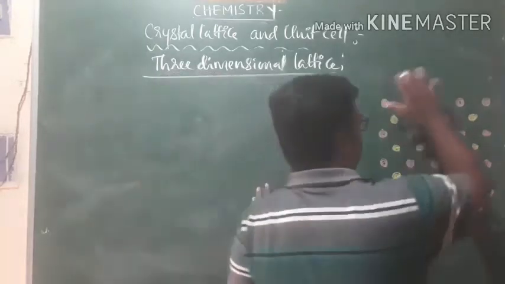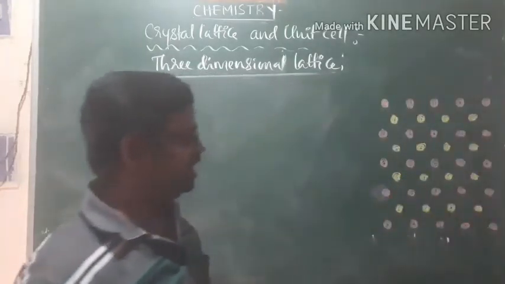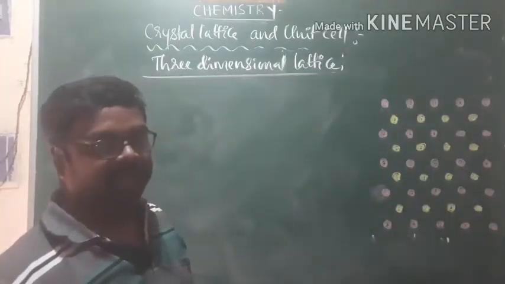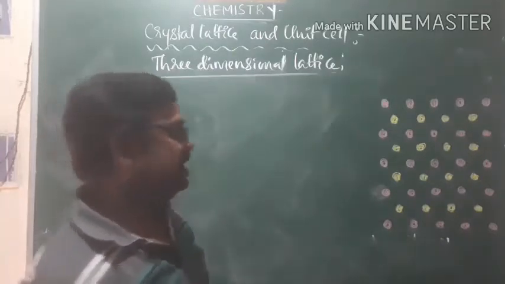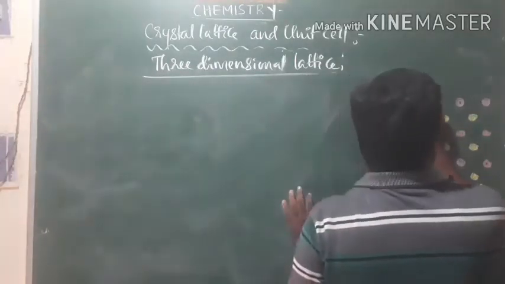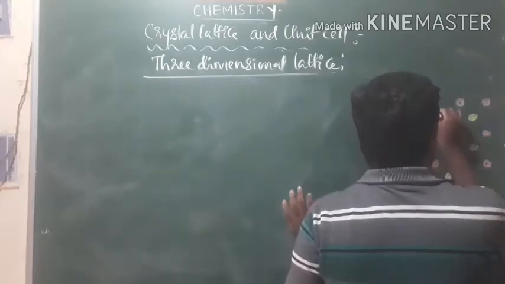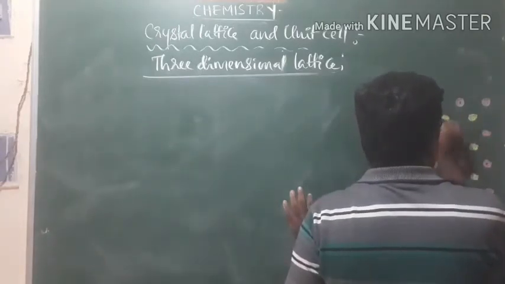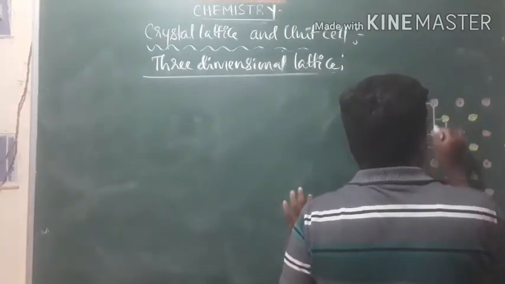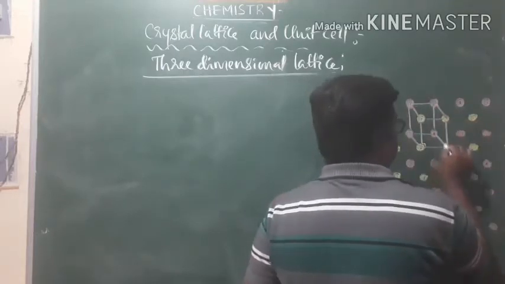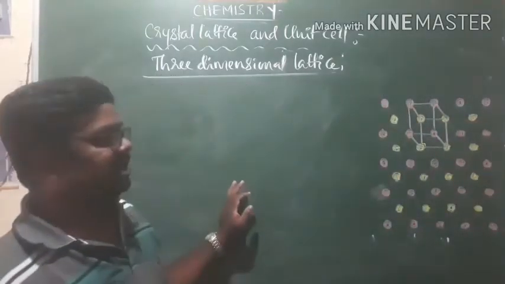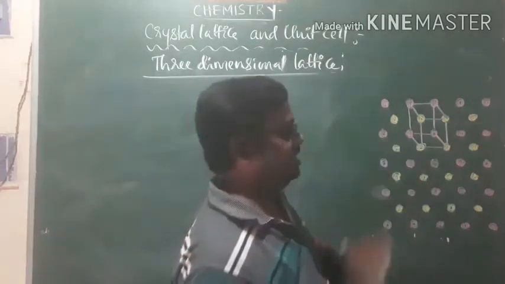If I look at that, there are certain locations occupied by the particles. Those locations are called lattice points. If I join these lattice points by certain imaginary lines, you are going to get one geometrical shape.